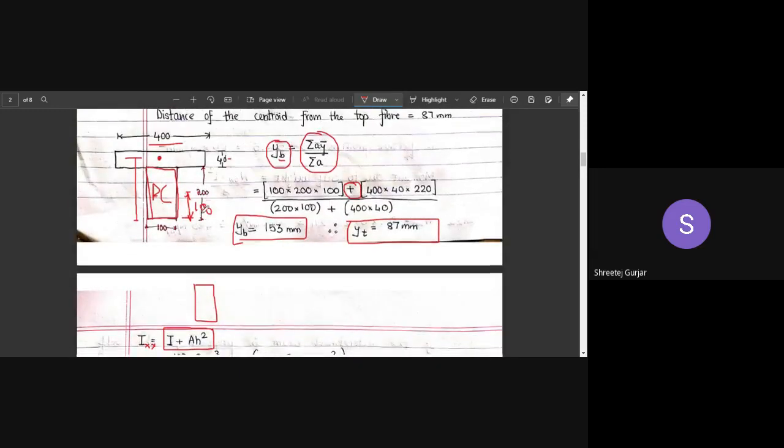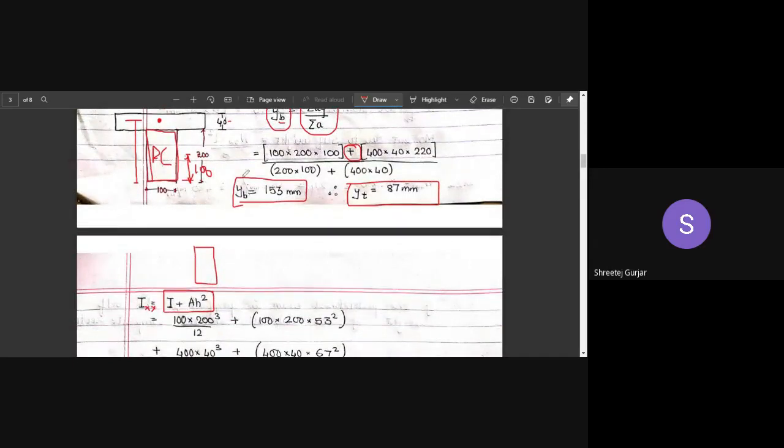For the first, the precast beam, we will consider BD cube by 12 plus the area of this particular section into H squared. H will be from the centroid of the total section, that is YB, to the centroid of the precast beam. This is H, not Y, this is H.